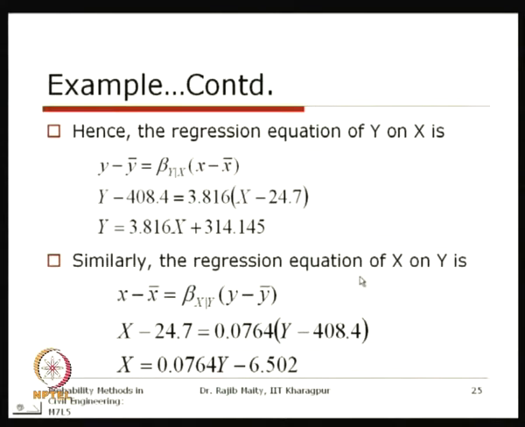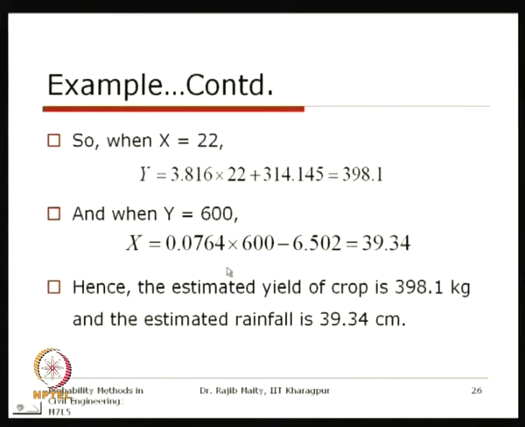Similarly, we can get the regression equation of x on y, which finally gives x equals 0.0764 y minus 6.502. With this, we use these expressions for the question: when x equals 22, that is, when the rainfall equals 22 centimeter, what is the yield.